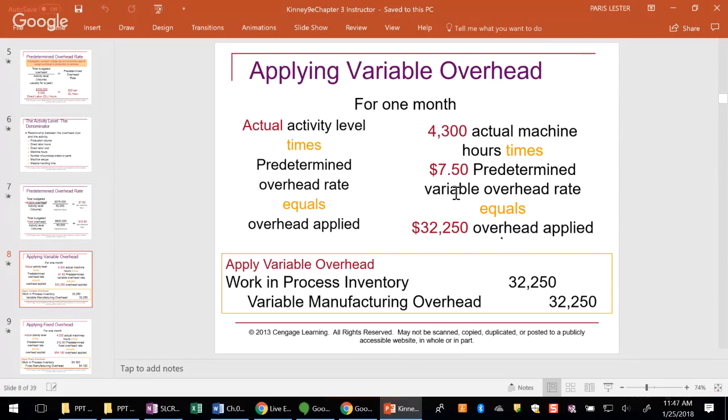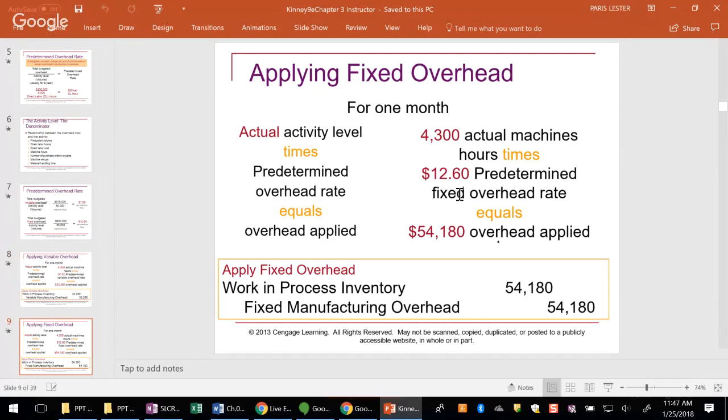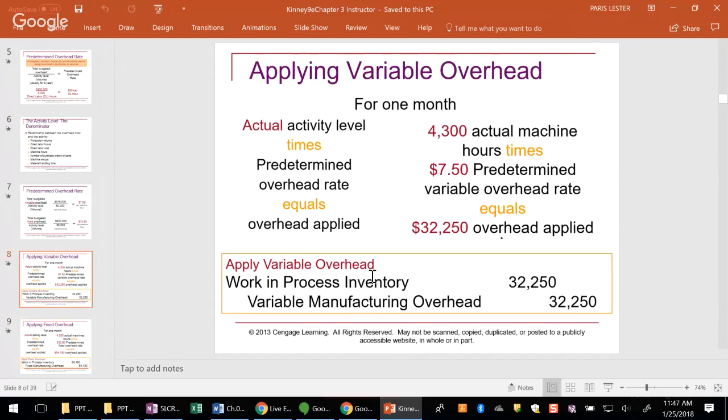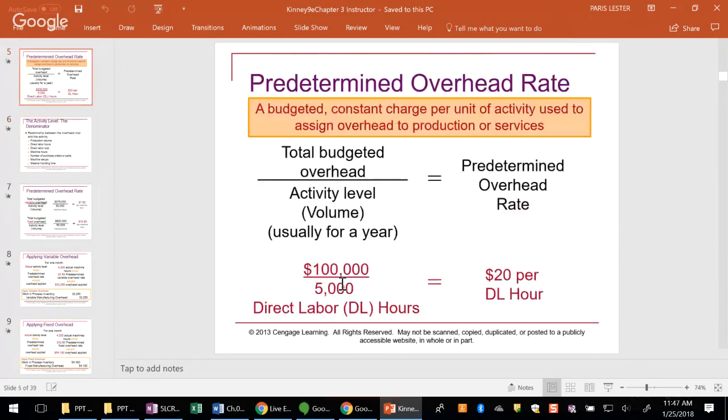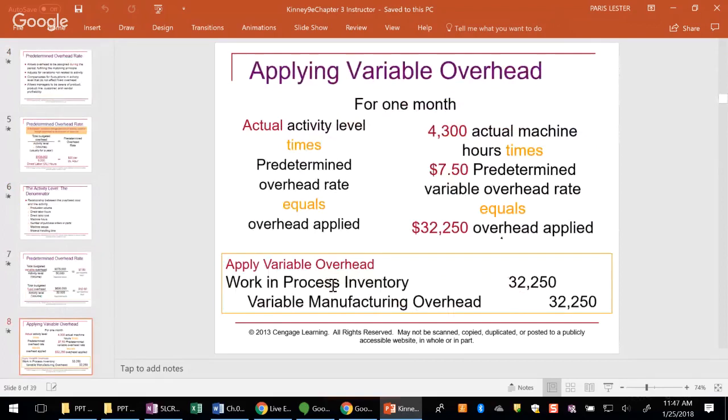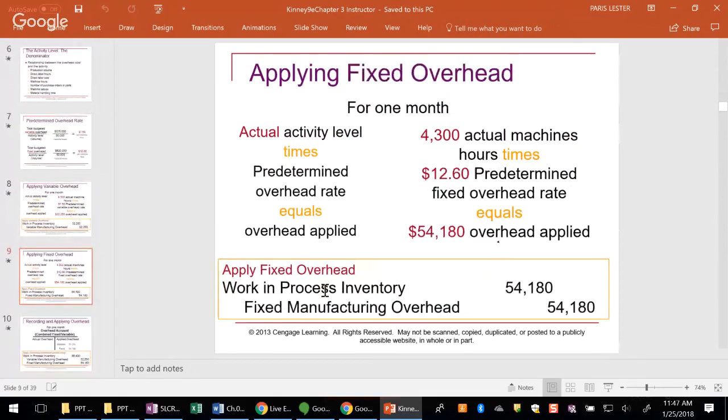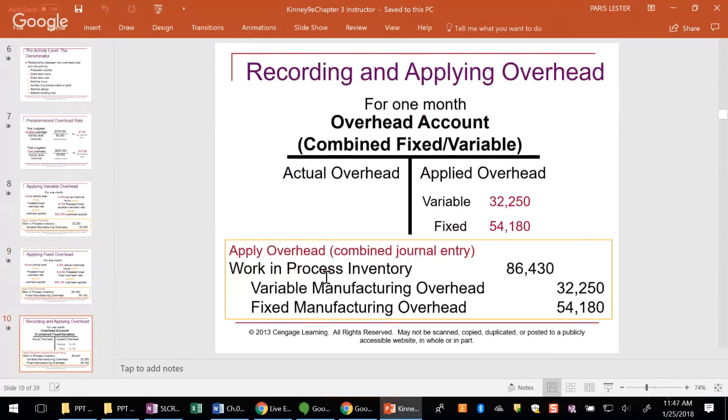We always used one overhead. Here's for your fixed. 4,300 machine hours times 1260. That's 54,180. Now we've got all of our overhead. All right, we've got 32,250, and we've got 54,180. That is applied. That may not be actual. Now, combined journal entries: debit work in process and credit overhead, variable and fixed.